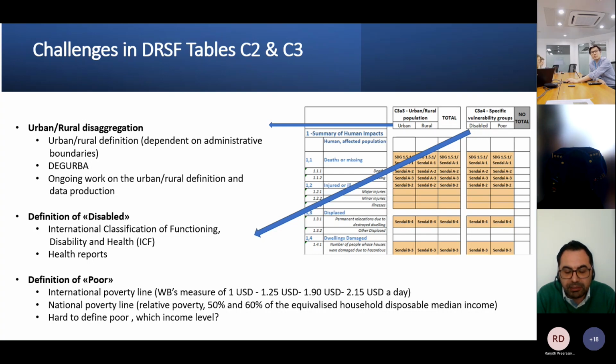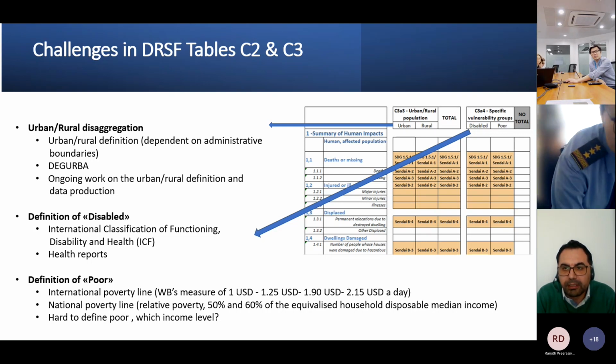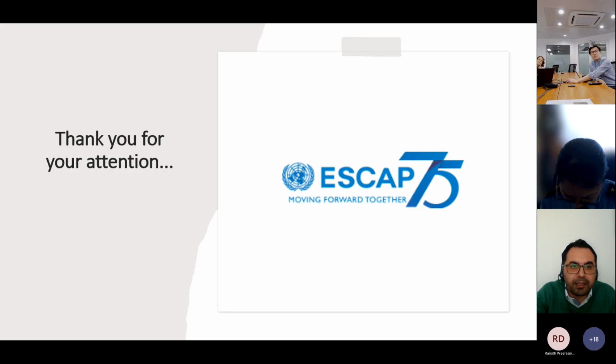Some of the institutions may accept the declaration of the people that they are poor or not. So this definition should be cleared before entering all these data in the IDES system.